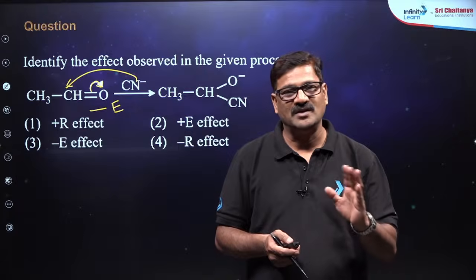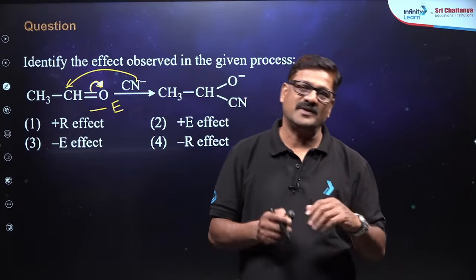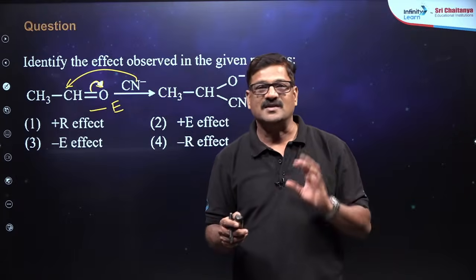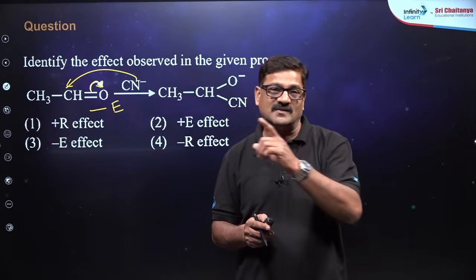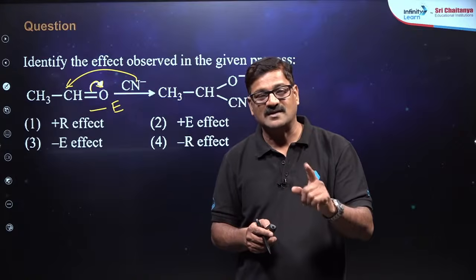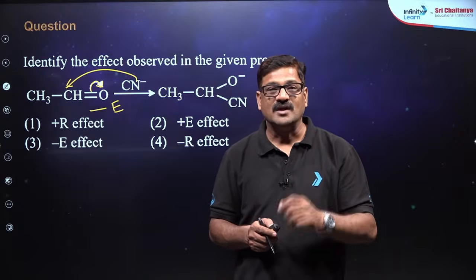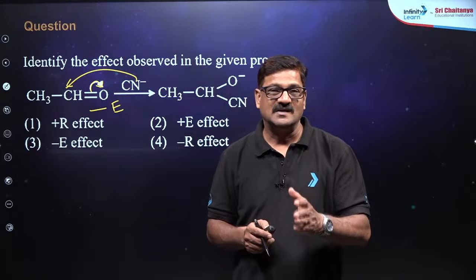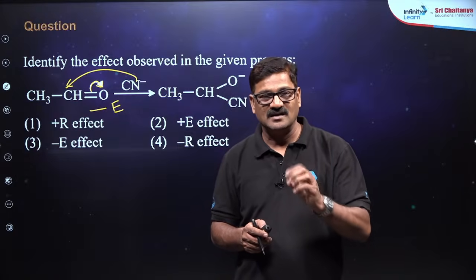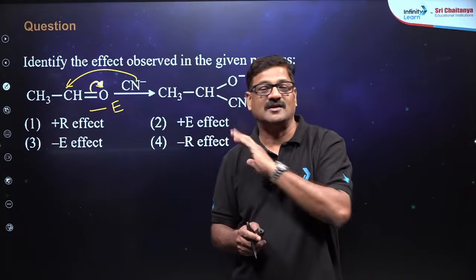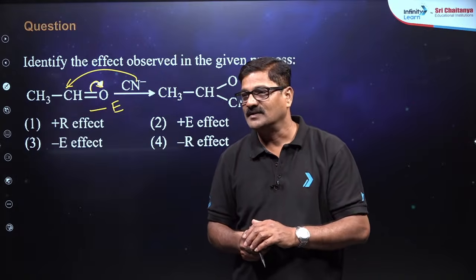The shifting of the pi electron system makes it polarized in the presence of an attacking reagent. If positive electromeric effect, the pi electrons shift towards the atom where the reagent is attacking. In negative electromeric effect, the pi electrons shift away from the atom to which the reagent is attacking. Okay, that's good.